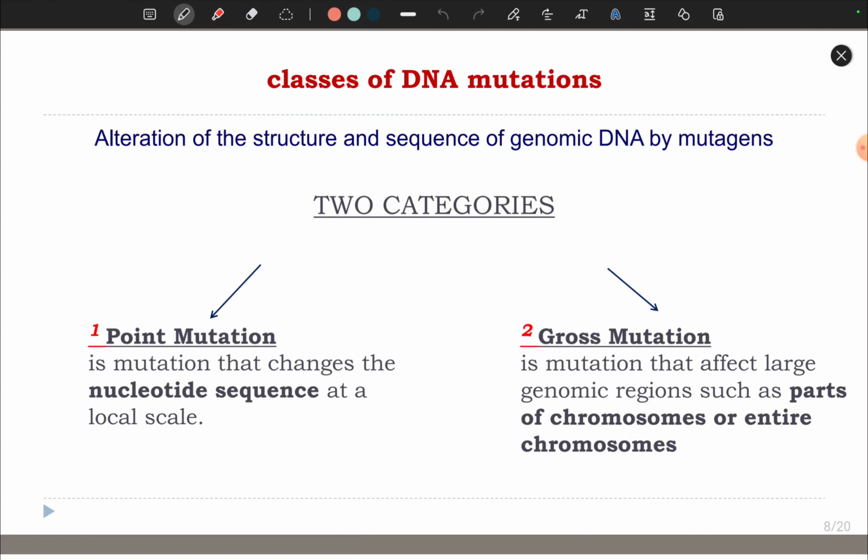Examples of chromosomal mutations: autism is one of them. If you see all the 23 chromosomes in autistic people, you will see parts of chromosomes are deleted on more than one chromosome.